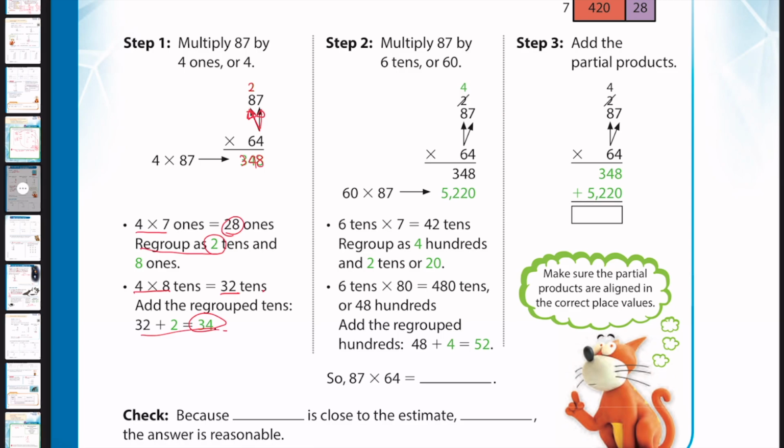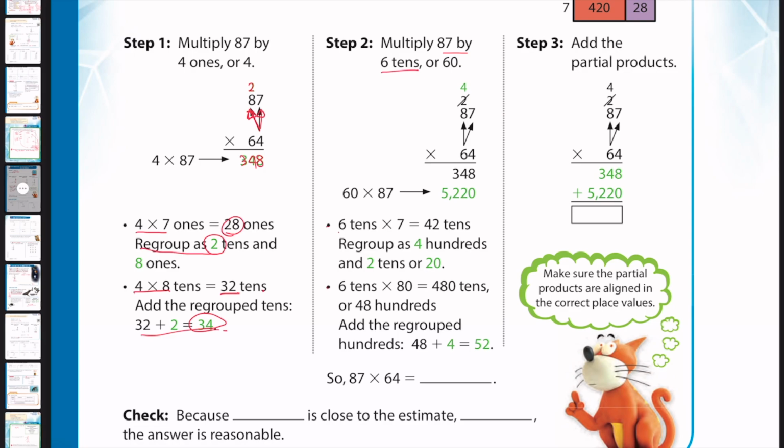Now we are going to move on to tens digit at the bottom. And for tens digit, you have to add 0 at the end automatically since we are working on tens digit. Please don't forget, that's really important. Now multiply 87 by 6 tens or 60. So look at this bottom. You see 2 bullet points.